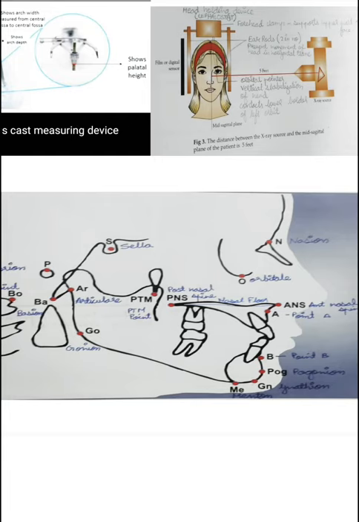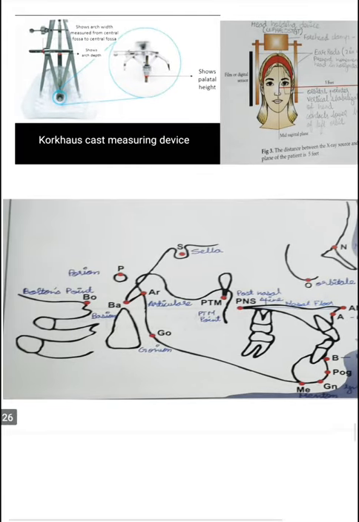Landmarks, cephalometric landmarks. Cephalometry makes use of certain landmarks or points on the skull that are used for quantitative analysis and measurements. They can be of two types: anatomical landmarks and derived landmarks. Anatomical landmarks represent the actual anatomical structures of the skull, that is gnathion, gonion, PTM point and sella.